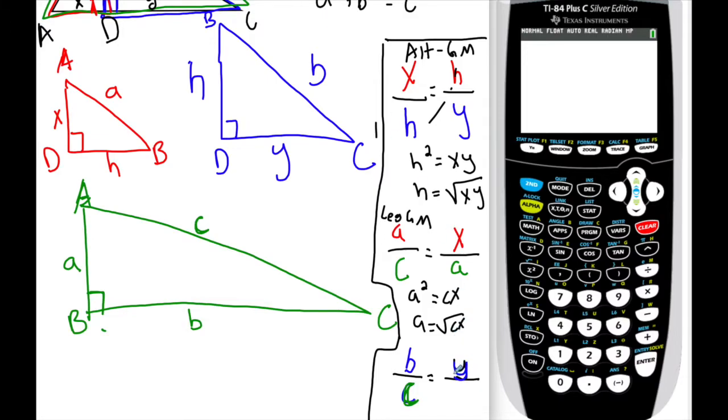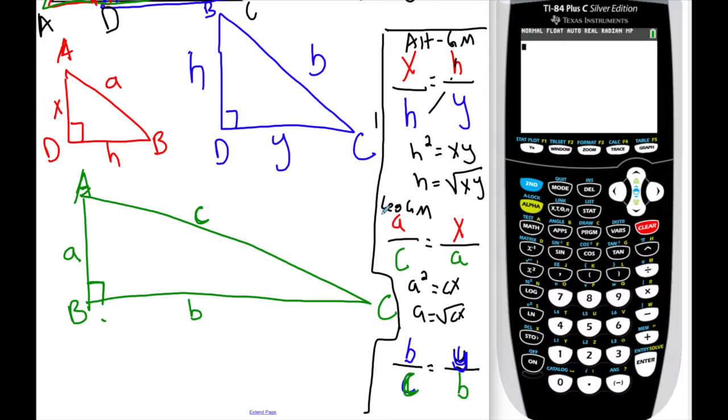Notice how it's on the bottom. It's the base. In the green triangle, B is the base. So this relationship must hold, right? The ratio of the hypotenuse to the hypotenuse has to be equal to the ratio of the base to the base. That's what it means to be proportional.